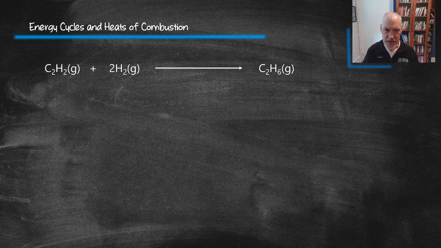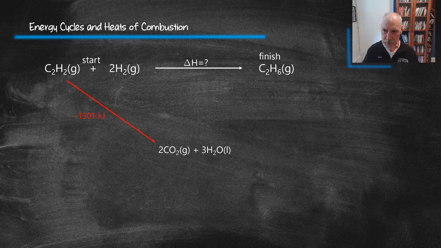Now I want to put the two ideas together. I want to figure out the enthalpy change for this reaction, starting here, finishing here, and figuring out the heat here. What I know from combustion data is the heat to burn that particular substance, and I can look it up on Table 14.